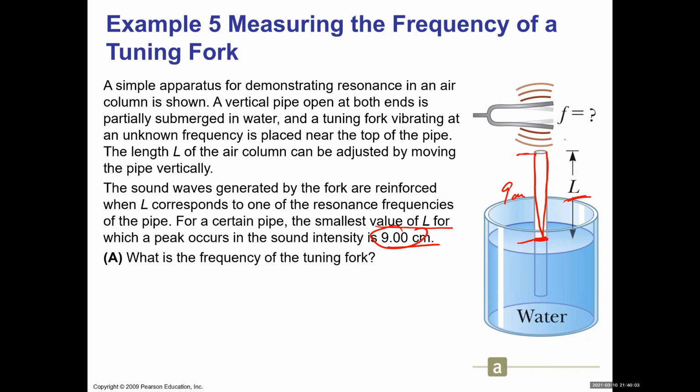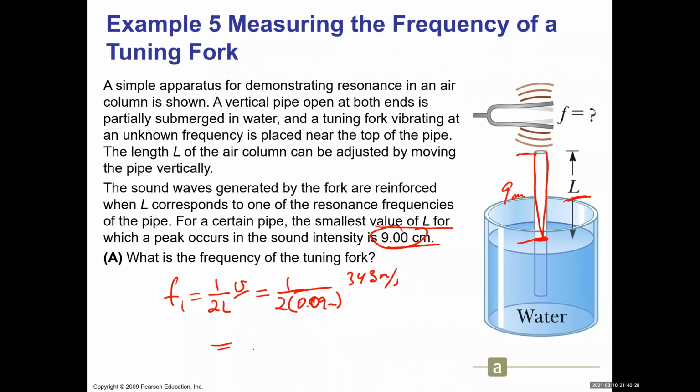When you have that, f1 equals 1 over 2L times the velocity. That's 1 over 2 times 0.09 meters, because that's our L, times V. V is 343 meters per second, because it's a tuning fork generating the sound wave.